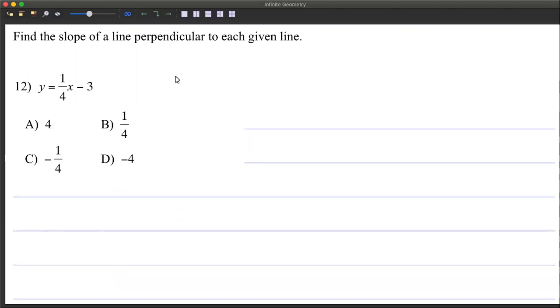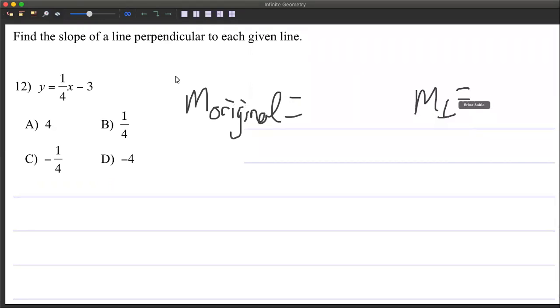Okay, let's try this one. Anthony, now that you're here, you can do this one. So, Anthony, what is the slope of the original line that you see there? I'm sorry, what'd you say? 1/4. Oh, yes. But Anthony, that wasn't you? No, that wasn't me. Yeah, I didn't think so.